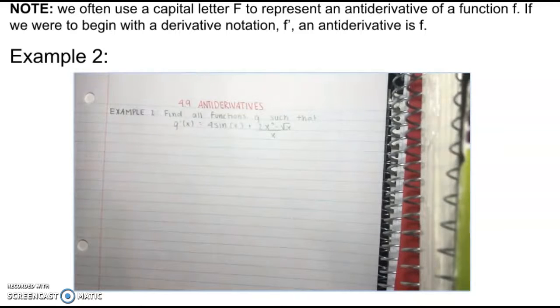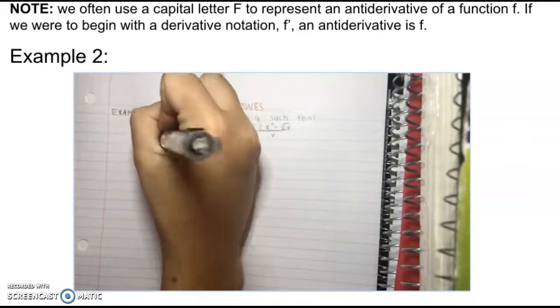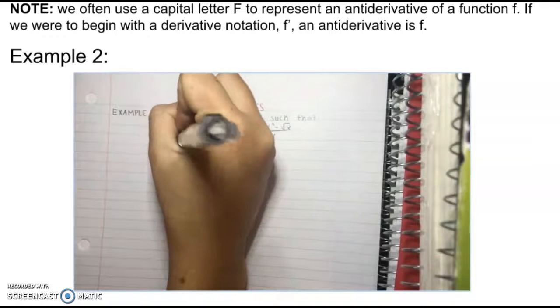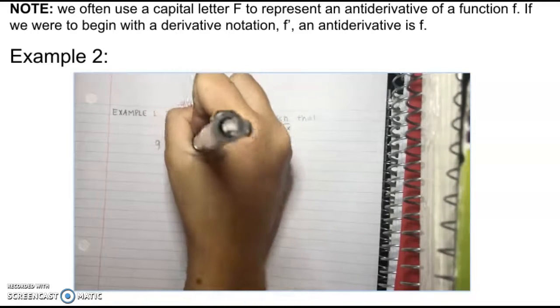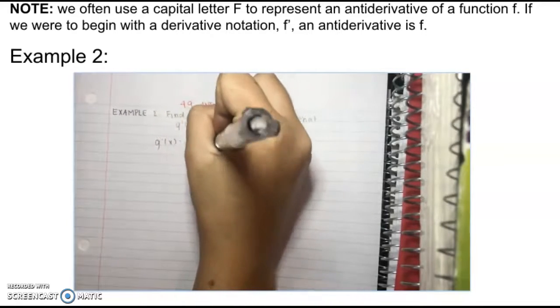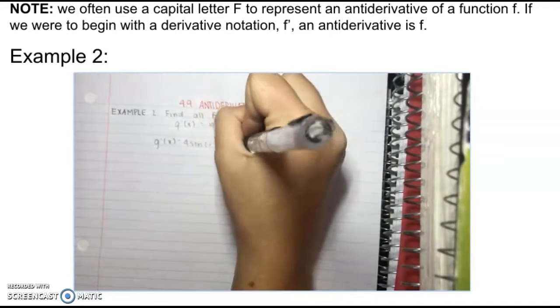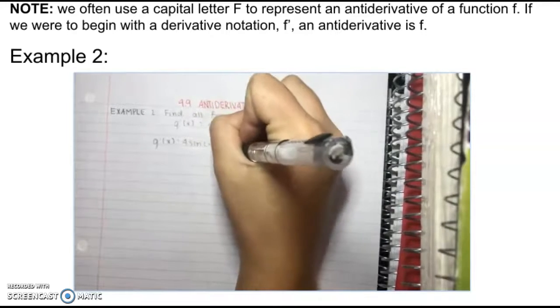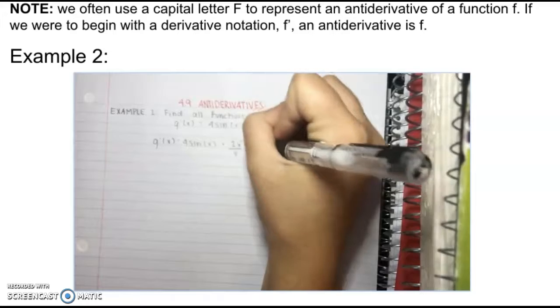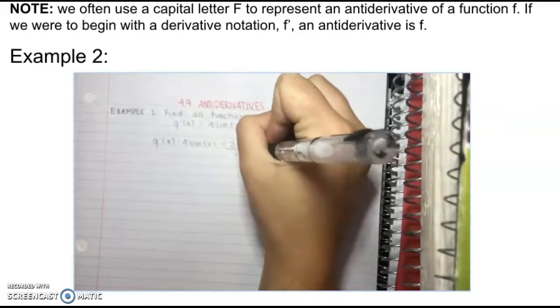So we can rewrite this as g prime of x equals 4 sine x plus 2x to the fifth over x minus square root x over x.